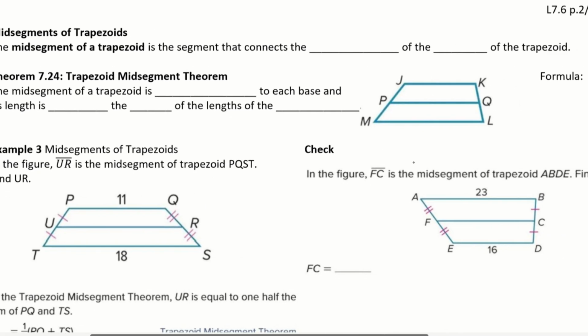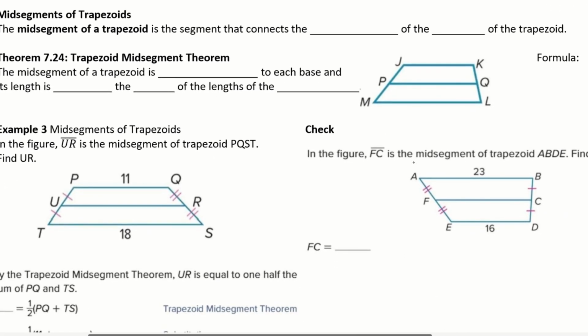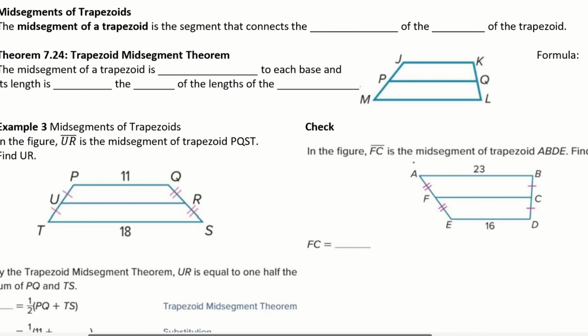So we've proven whether something is a trapezoid, whether it's isosceles, whatever. Now let's look at some other properties. A mid-segment. The mid-segment of a trapezoid is the segment that connects the midpoints of the legs of the trapezoid.